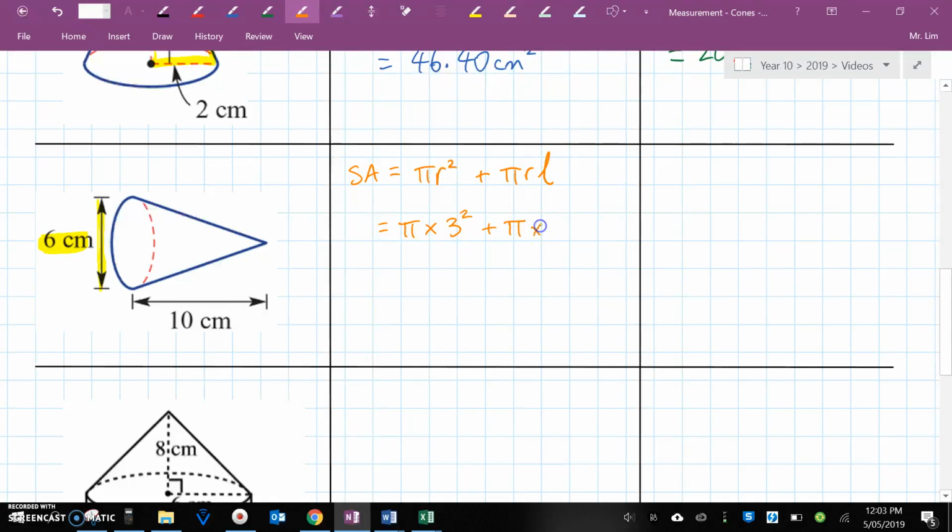Plus pi times 3 times the slant height. We are not given the slant height. We are given the height and, well, given the two shorter sides of the right angle triangle. Therefore, the slant height L has to be the square root of 10 squared plus 3 squared.